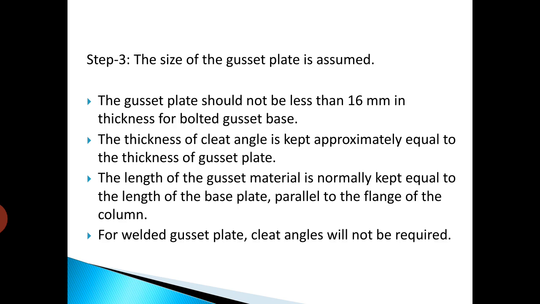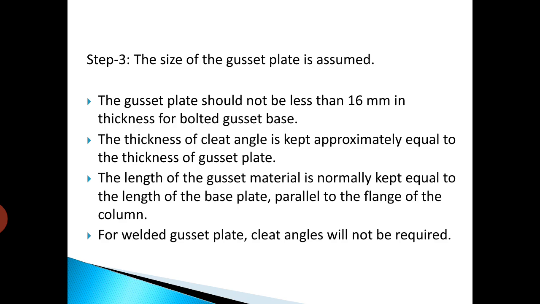Then the length of the gusset material is normally kept equal to the length of the base plate, parallel to the flange of the column. For a welded gusset plate, the cleat angle is not required.